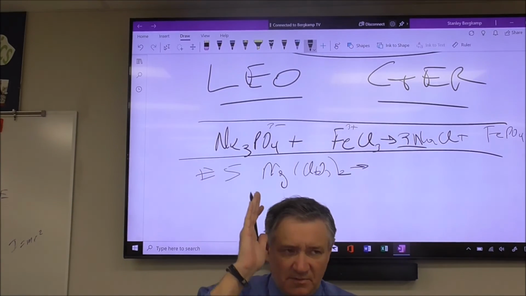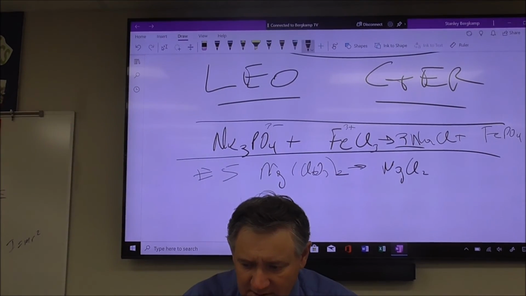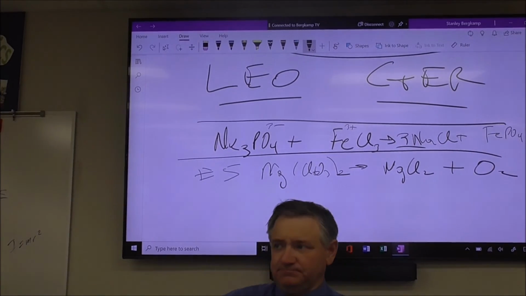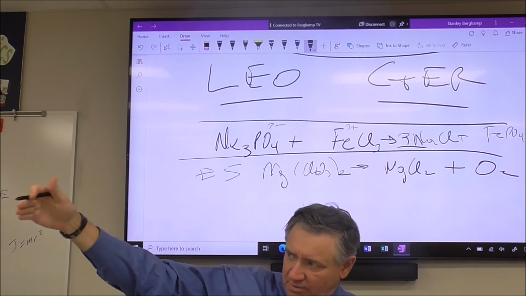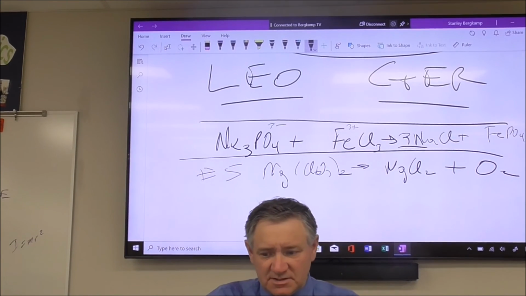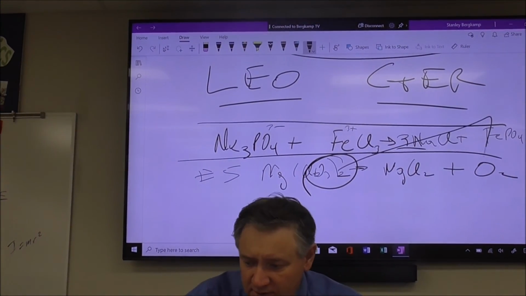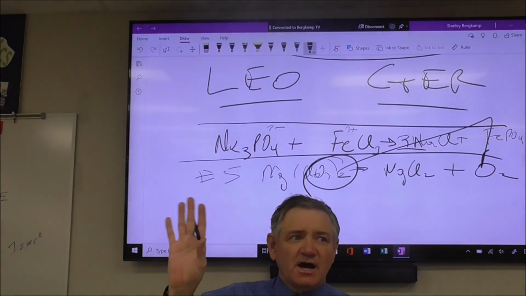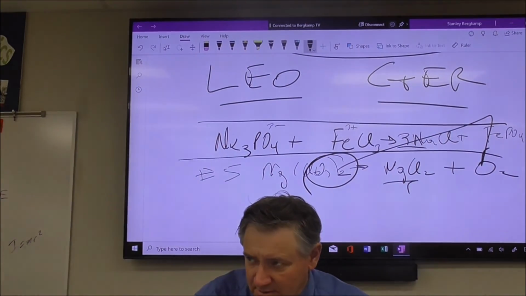I'm going to expect you to know that chlorates decompose into metallic chlorides and oxygen. If this had been potassium chlorate, we would get potassium chloride and oxygen. If it was sodium chlorate, we'd get sodium chloride and oxygen. So just remember chlorates give you oxygen because they have a lot of oxygens that go off by themselves, and you have the chloride left over.